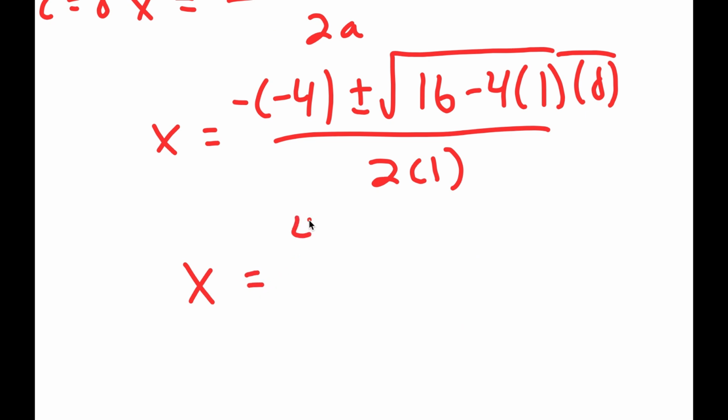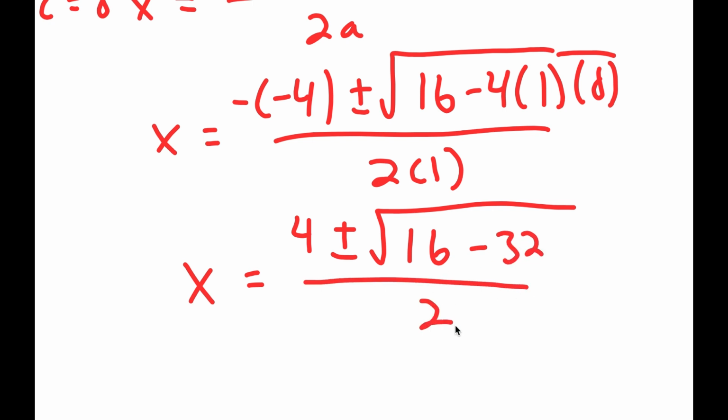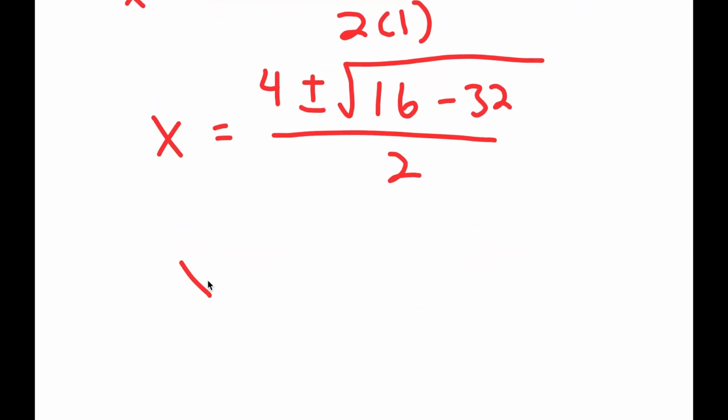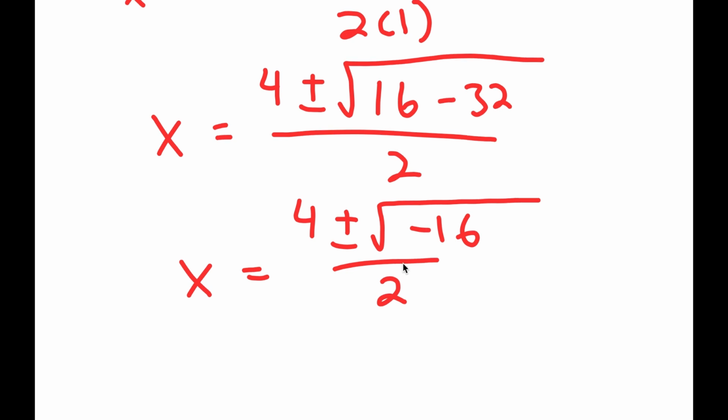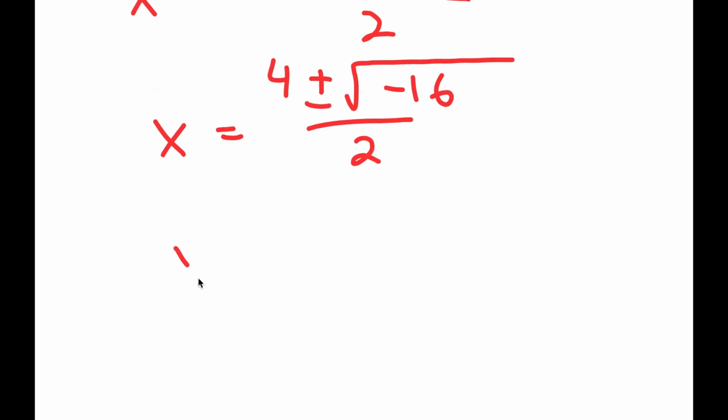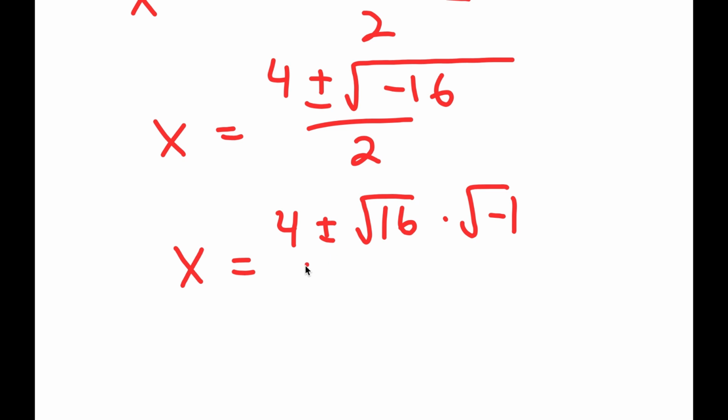Now this is equal to positive 4 plus or minus the square root of 16 minus 32 over 2, which is equal to 4 plus or minus the square root of negative 16 over 2. Now, the square root of negative 16, I can rewrite this as the square root of 16 times the square root of negative 1.